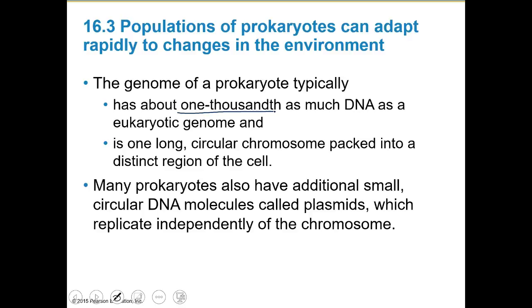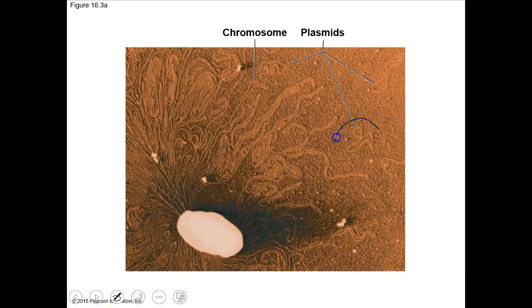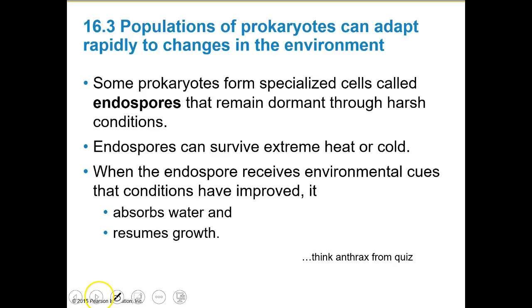Okay. Many prokaryotes also have an additional small circular DNA called plasmids, and these replicate independently of the chromosome. We get to do all kinds of cool research with plasmids. They're just these little extraneous circular pieces that do their own thing. Really helpful for genetic research, but we're okay.